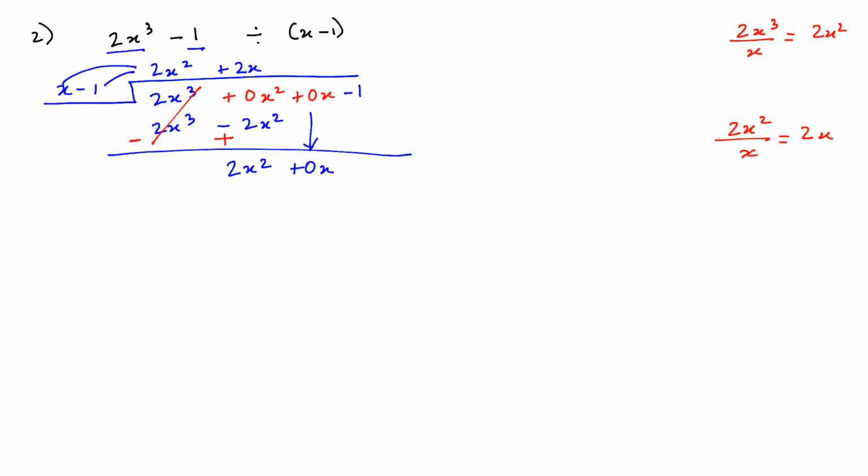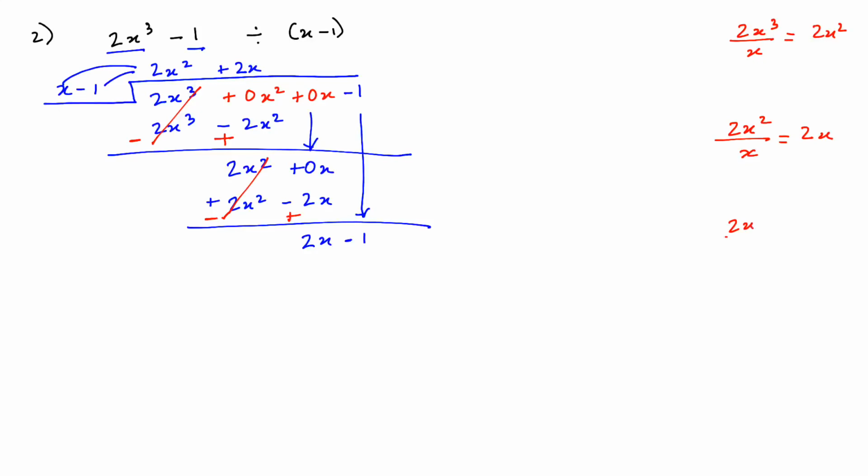Now we are going to multiply x with 2x, and we will get 2x squared. And then -1 multiplied by 2x will give us -2x. Change the signs. This will get cancelled, and 0 plus 2x will be 2x. And now we bring down -1.